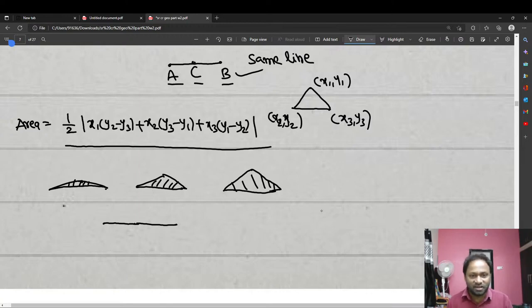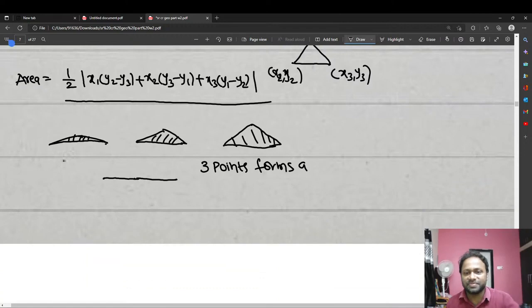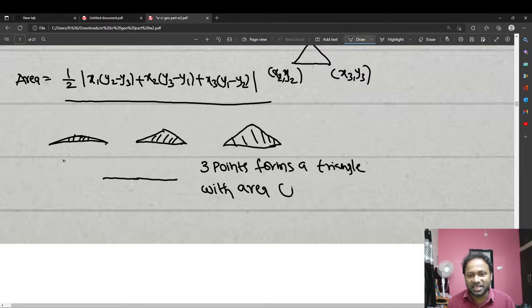I am saying that 3 points form a triangle with area 0.